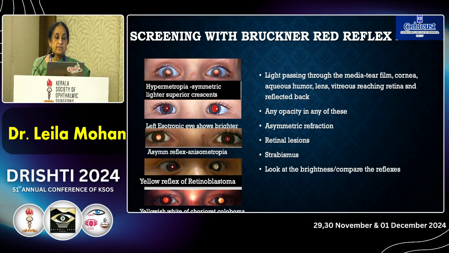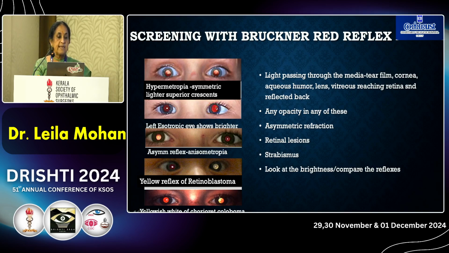Light passes through the media, the tear film, cornea, aqueous humor, lens, reaching the retina and then back. Any opacity like corneal opacity and cataract shows as a dark dull reflex, as does any asymmetric refraction. As you see in this first case, there is a light crescent superiorly, which shows high hypermetropia.